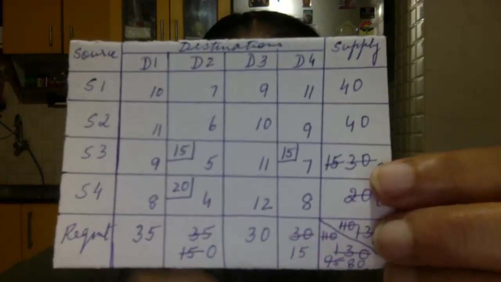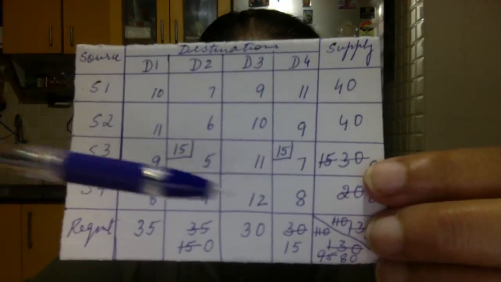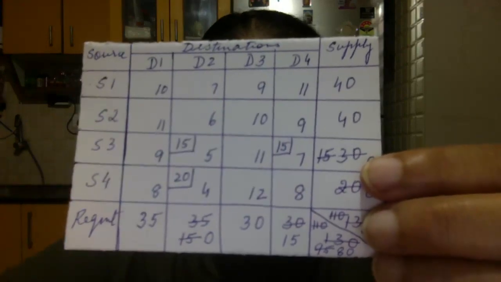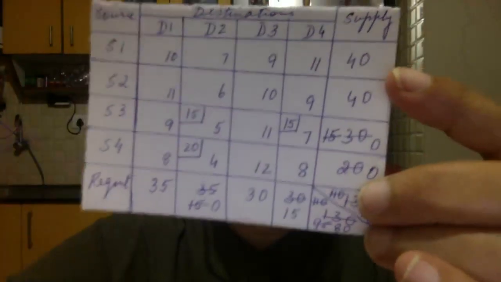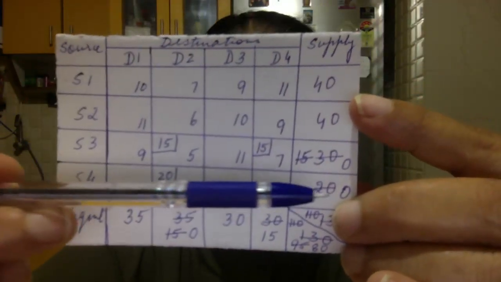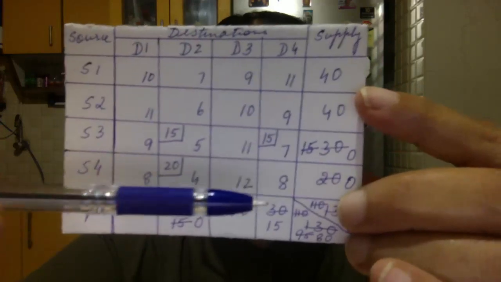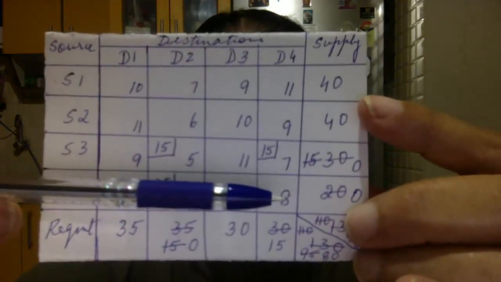All right. Now after 7, the next least is 8 here and 8 here. Which one do you want to allocate? This. To allocate here, there is 0. So there are 2 8s. The next least after 7 is 8.